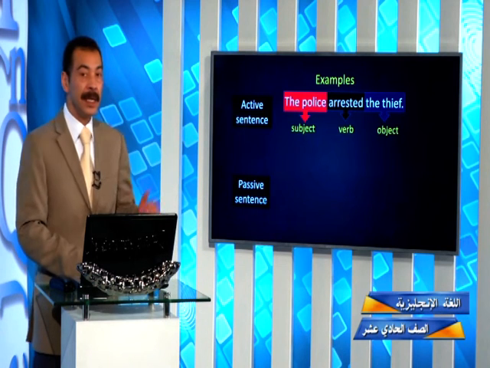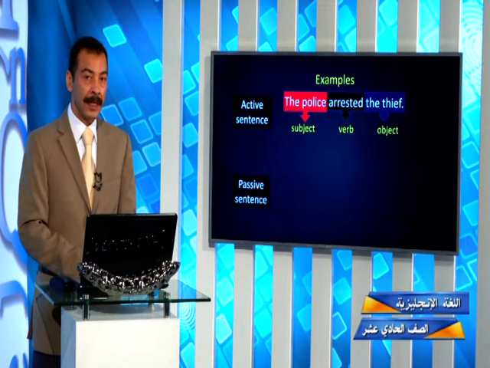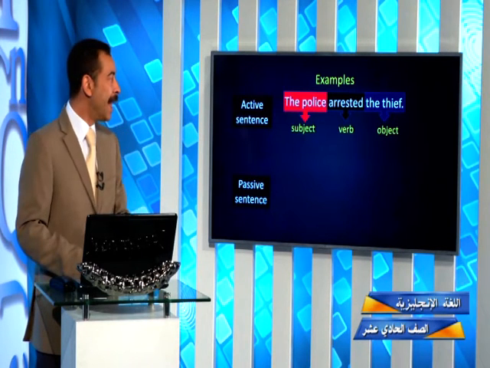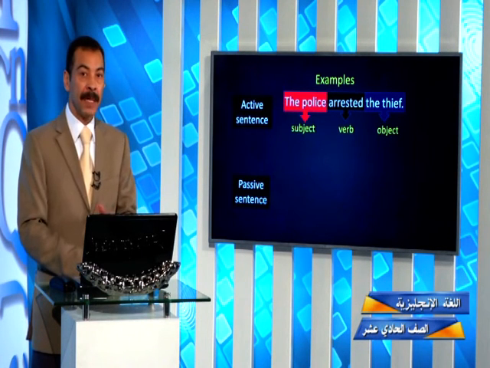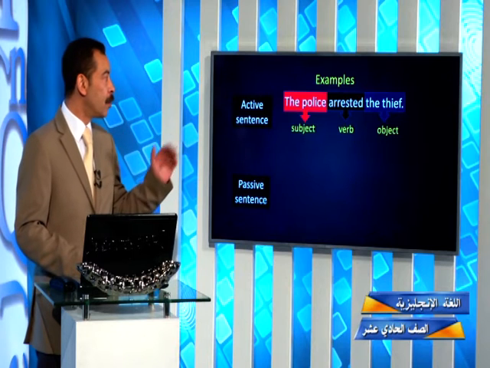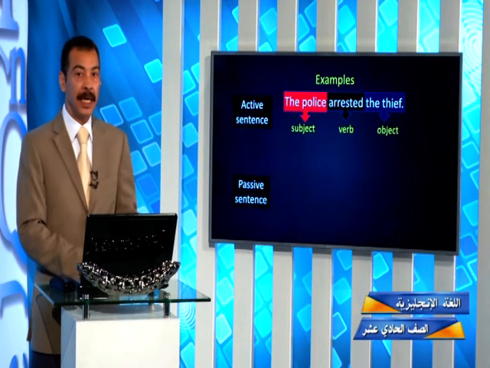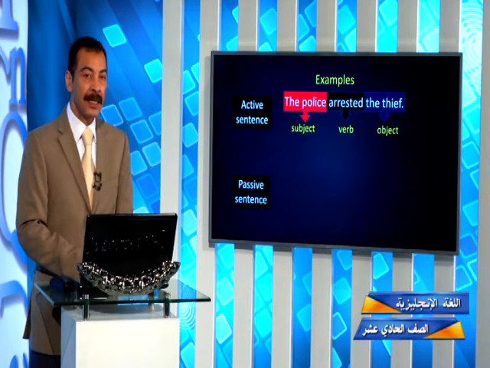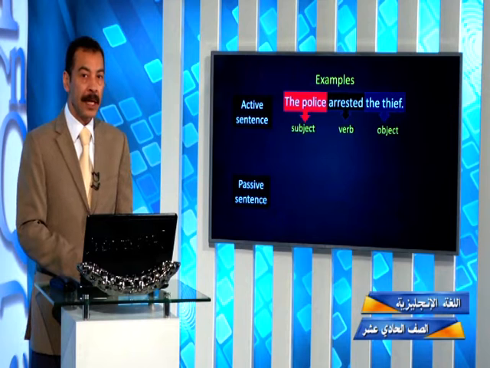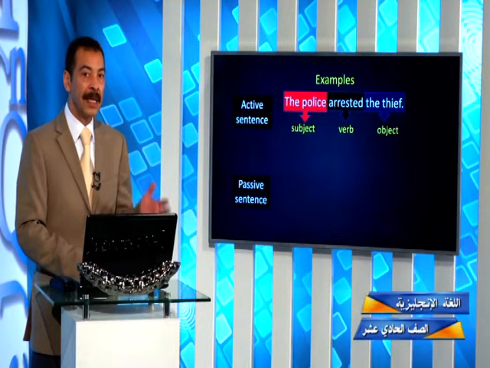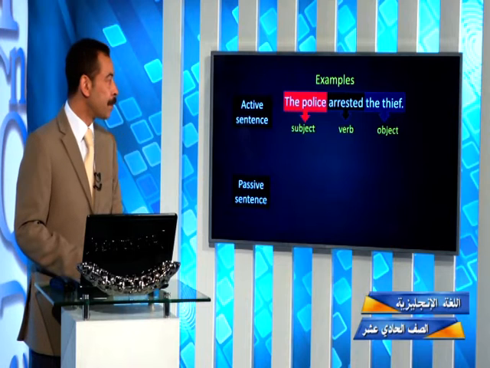Here, arrested is in, yes, the past simple. So we are going to use the verb be in the past simple, which is was or were, and then take the past participle of the main verb, which is arrested. As you can see here, arrested takes an ed. It means it is a regular verb, so the past participle remains the same. That is, a verb plus ed.